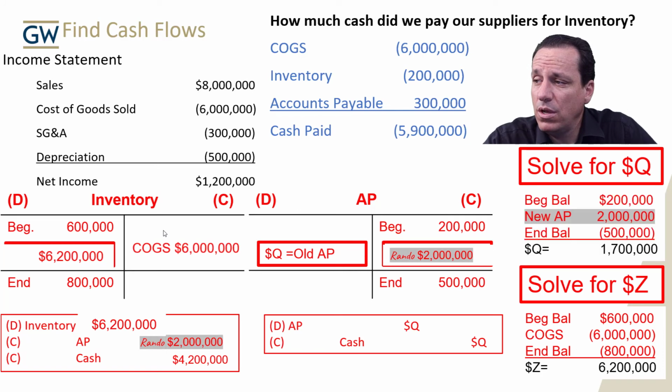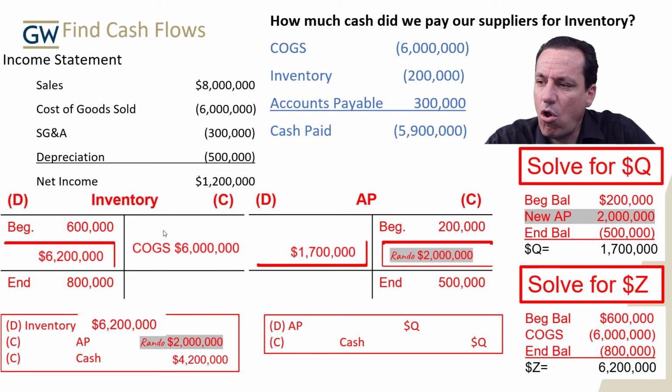Well, solve for Q. Beginning balance of 200,000, add the 2 million of accounts payable, and then we subtract the 500,000, it gets us to 1.7 million. That is what ends up in our accounts payable account debited. We solve for it just algebraically, and that's not necessarily what it was.